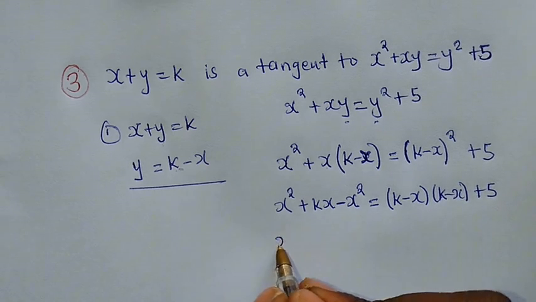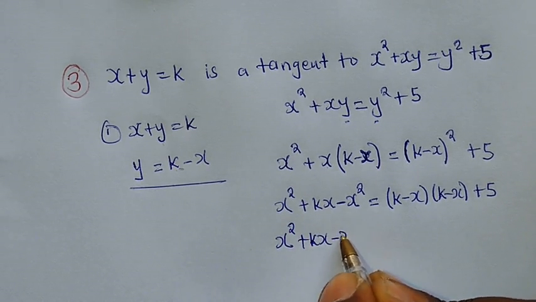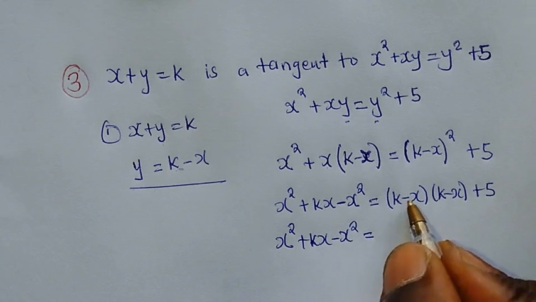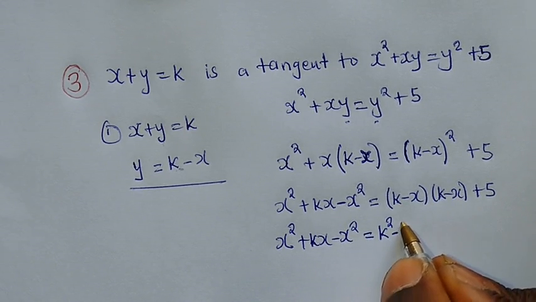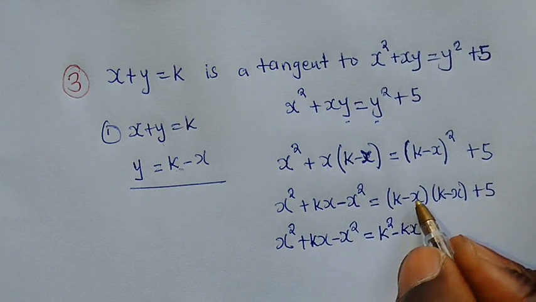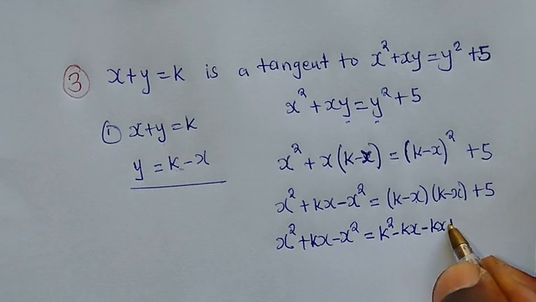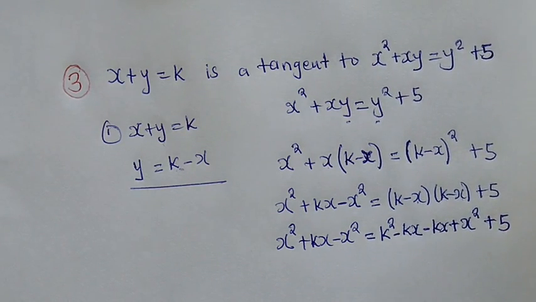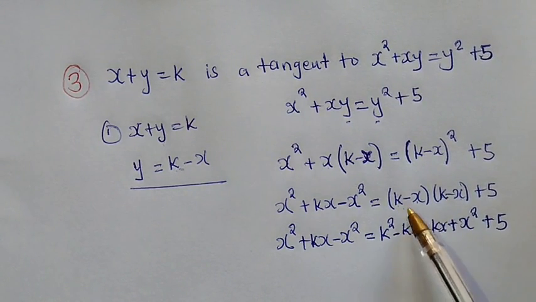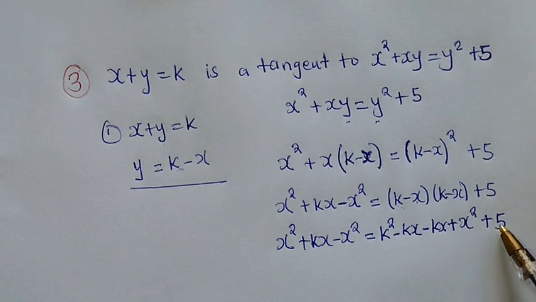So from here, we say x squared plus kx minus x squared is equal to k times k, k squared, k times negative x will be negative kx, then negative x times k, again negative kx, negative x times negative x is positive x squared, then plus a 5. So what has happened here is we have just multiplied k times k, k squared, k times negative x, negative kx, negative x times k, negative kx, negative x times negative x, positive x squared, then plus this 5 right here.